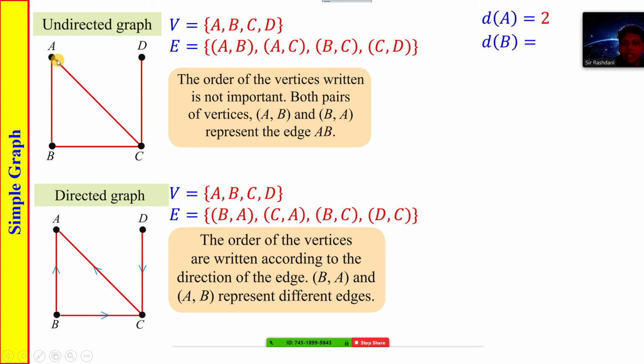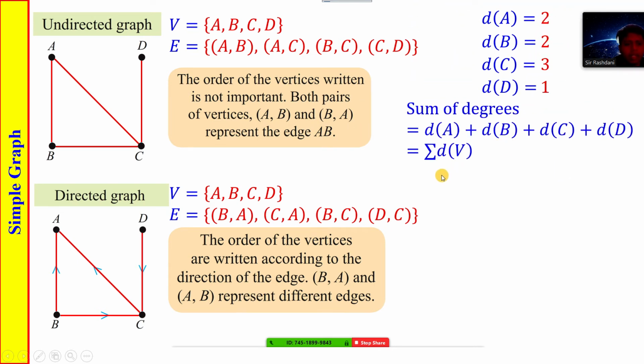For B we also have 2, there are 2 edges, so the degree of B is 2. For C we have 1, 2, and 3, so the degree will be 3. And for D we have 1 only.